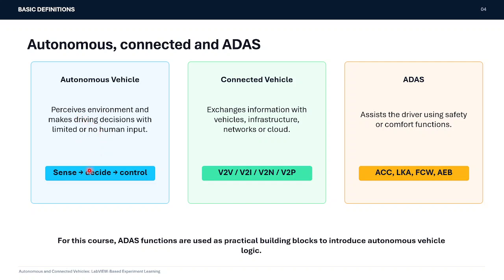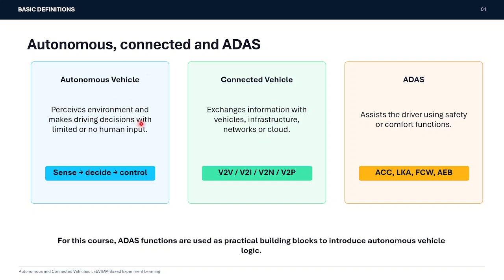The autonomous vehicle senses the environment and the signals, then the system is designed to control itself. No human interferes. Suppose we want to run at a certain speed, the system itself handles the process. That is the autonomous vehicle.